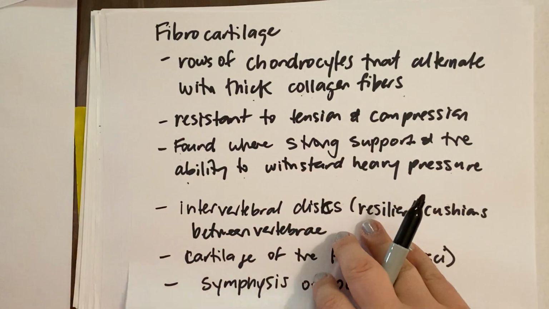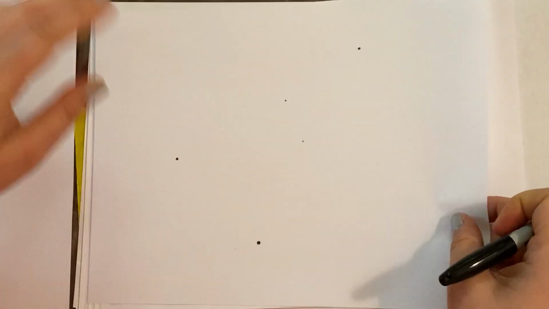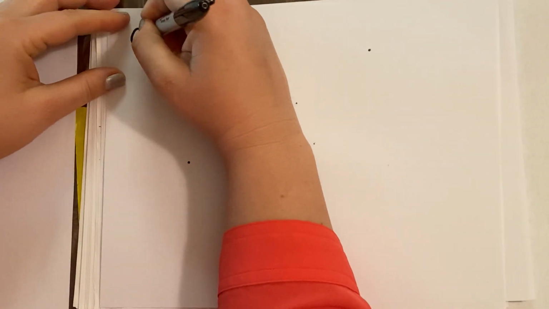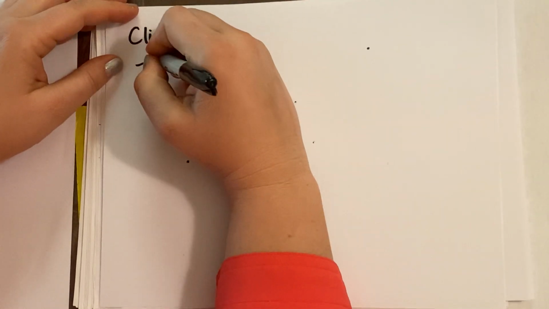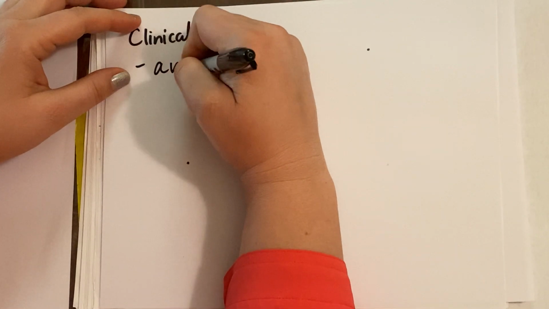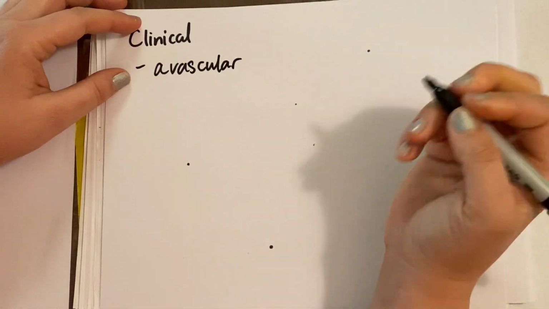All right, so a little bit about the clinical aspects. So cartilage again is avascular, which means it has no blood vessels.